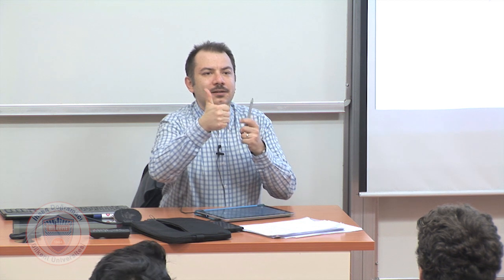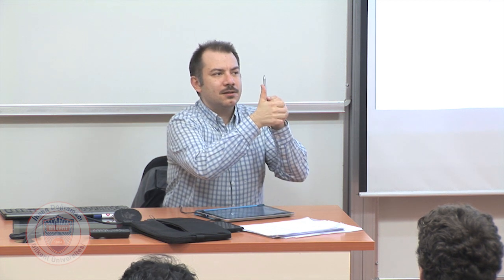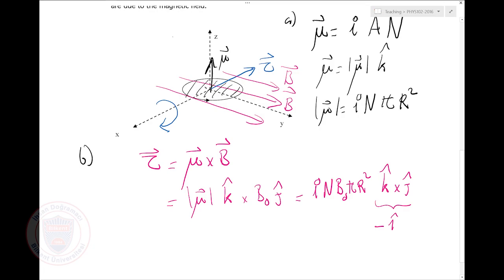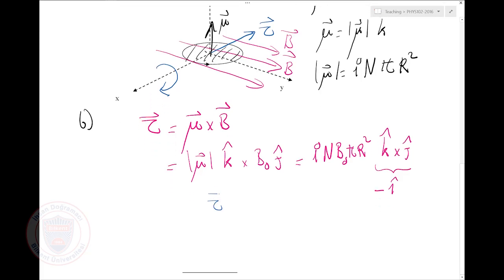I take my right hand, align the thumb with the vector, and my fingers actually show the sense of rotation. So here, what's the sense of rotation of this loop? If I'm looking from the positive x-axis, it will rotate clockwise. Right? That's the sense of rotation. So the torque magnitude is apparently I and B0 pi r square.